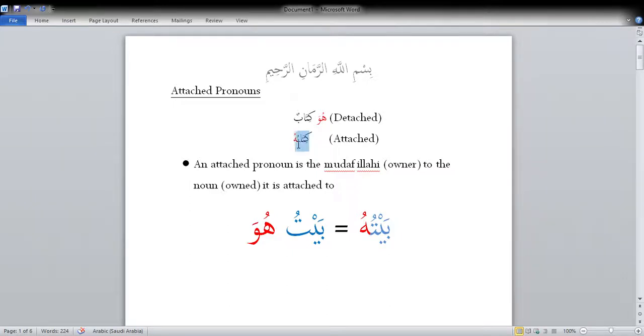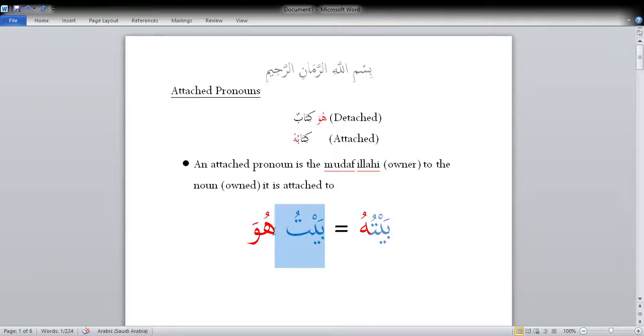So what you're looking at right here is actually a mudaf ilayh construction, right? So you have the owned and then the owner. So kitab is the owned, and then the owner is huwa, right? Because this is a huwa. So it actually means his book, right? So this baytuhu is equal to baytu huwa.